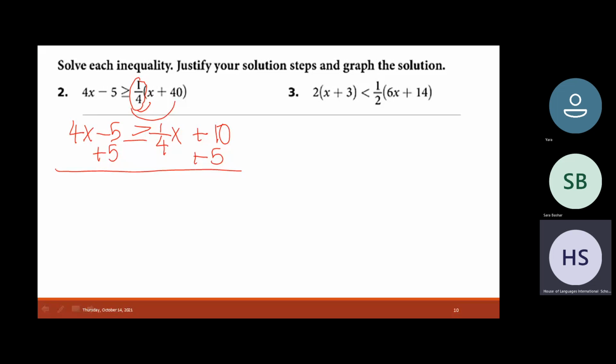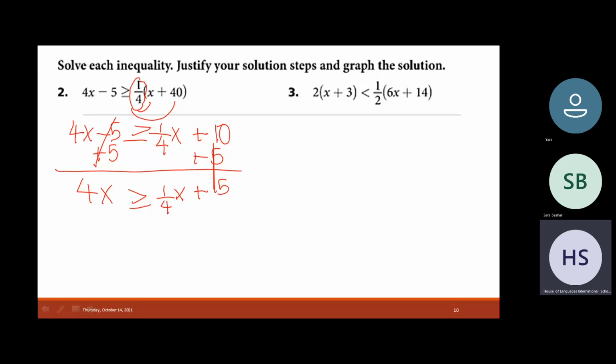The next. That 10 is 1 over 4 times 40. Hey, we are in math now. Then what do we have here? 4x greater than or equal to 1 over 4x, 10 plus 5, 15.